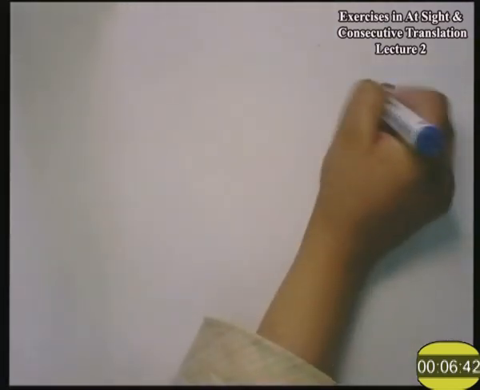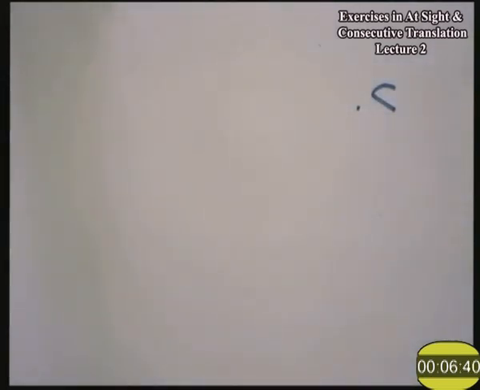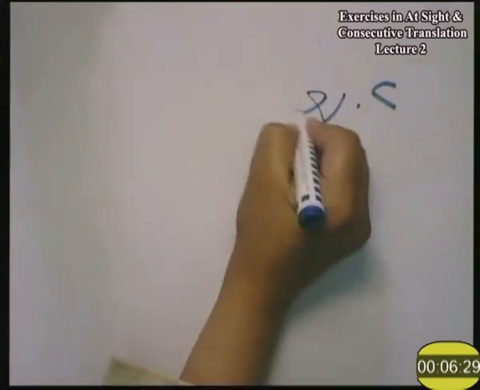Now let's see sentence number 2. The accessibility of foodstuffs in urban areas depends on an efficient transport system. يعتمد.